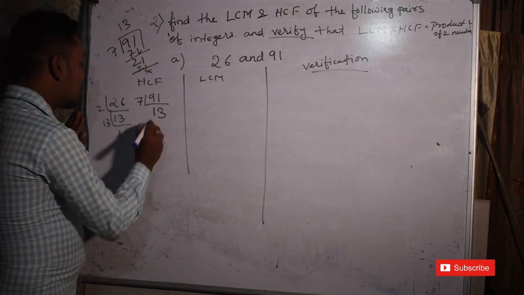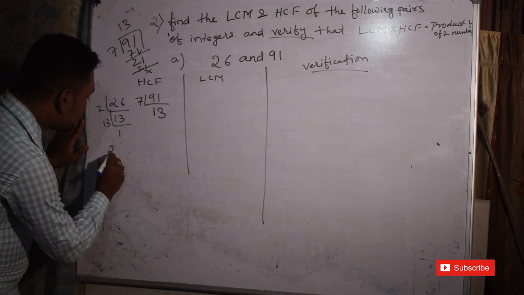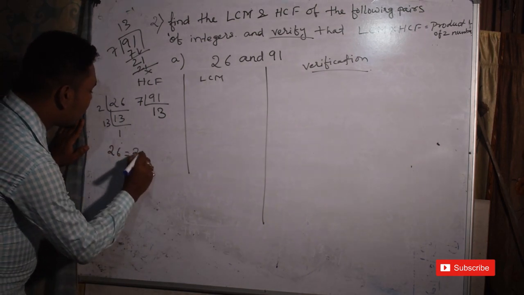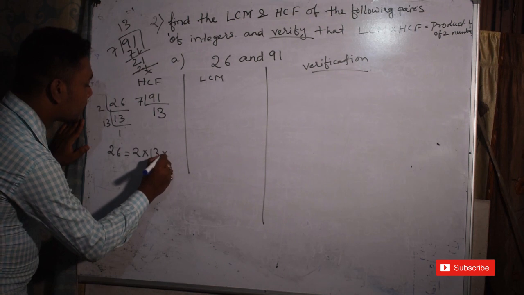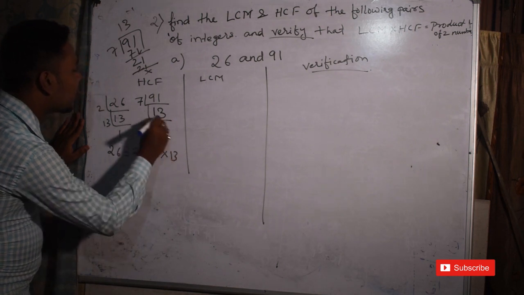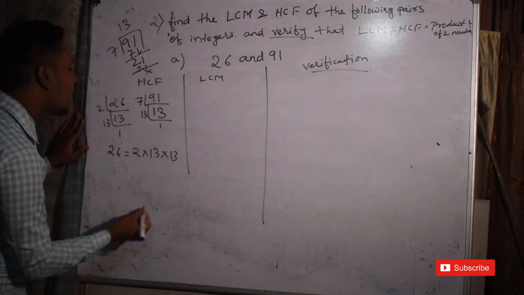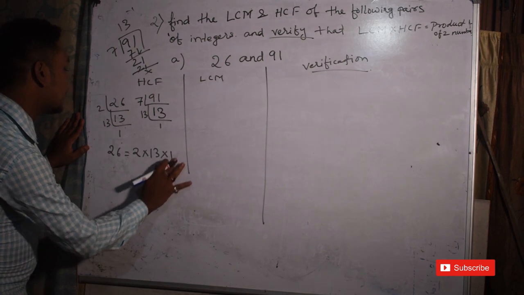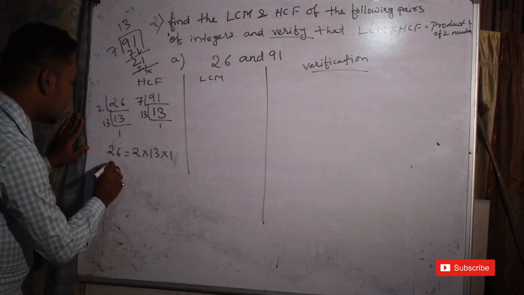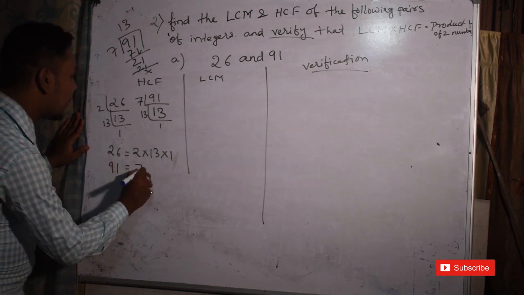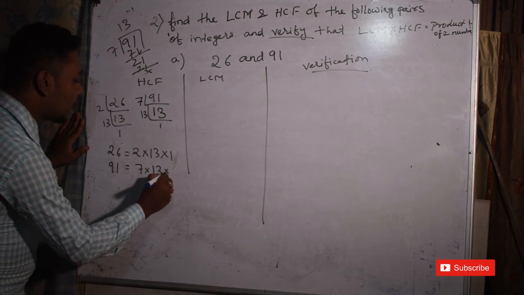So 26 gives you 2 into 13 into 1, and 13 itself is a prime number, so you can divide it or not, that's your choice. 91 is equal to 7 into 13 into 1.